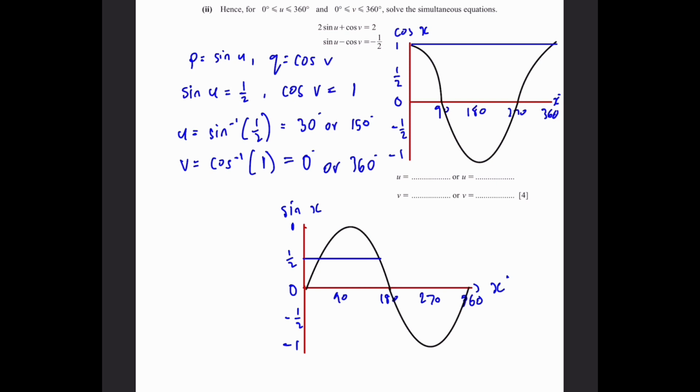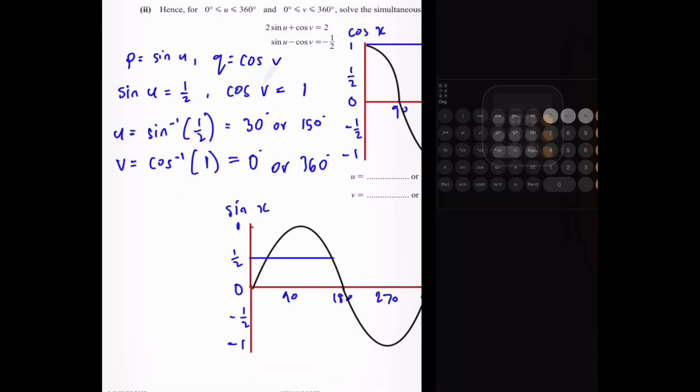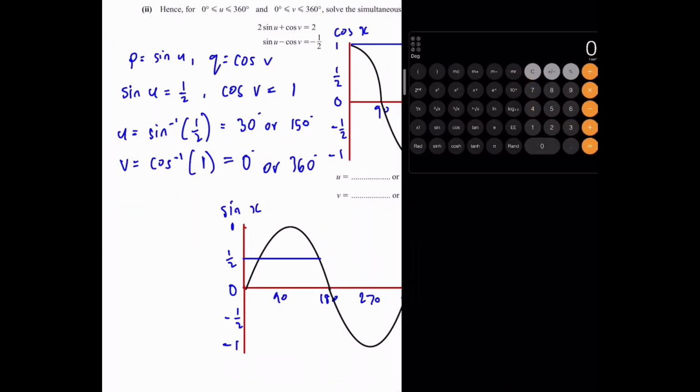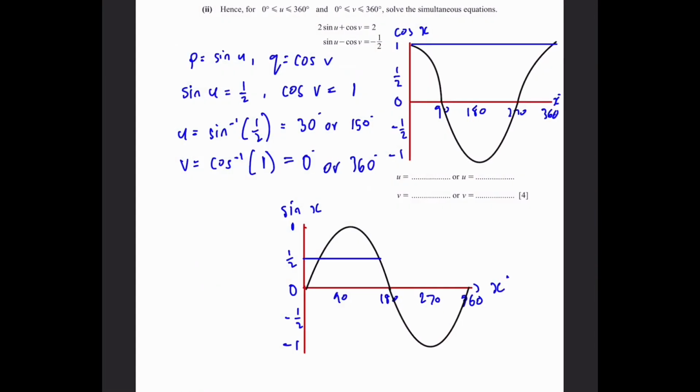I'll show you why: when we take cos of 360, we get 1. So now we found the two values for each of these. For u, it's 30 degrees and 150 degrees. And for v, it's 0 degrees and 360 degrees. That's the answer.